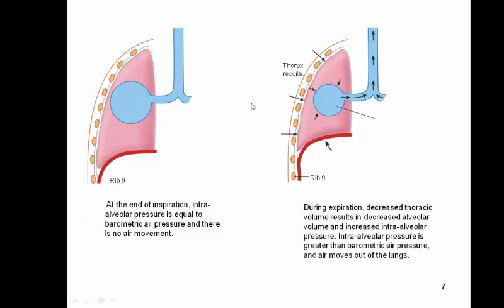Now here on slide 7, we're going to start on the left-hand side, and so here we have our barometric pressure. It's equal to 0. And at the very end of the inspiratory phase, so you've just taken in some air, the alveolar pressure has now climbed up from -1 to 0. Although we have the expansion of the volume of the alveolus, the pressure goes up a little bit because of the presence now of all those extra molecules that we took in during the inspiratory phase.